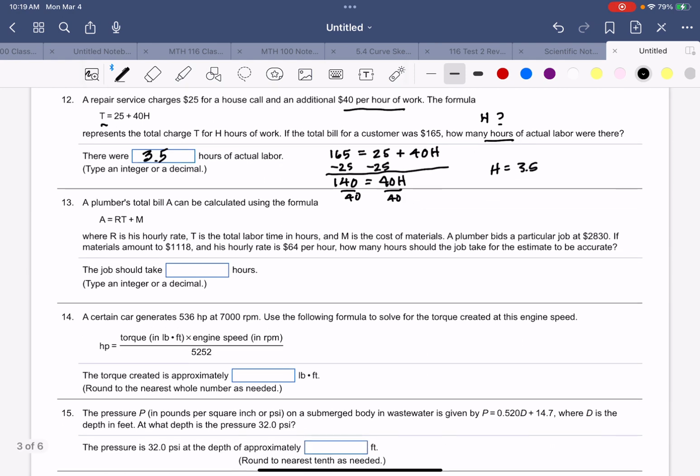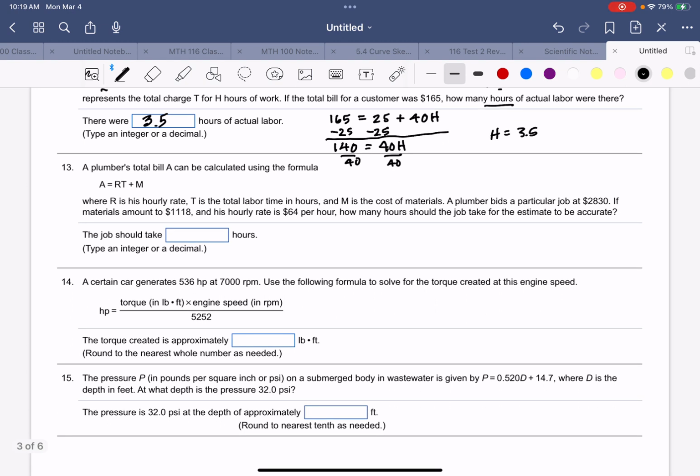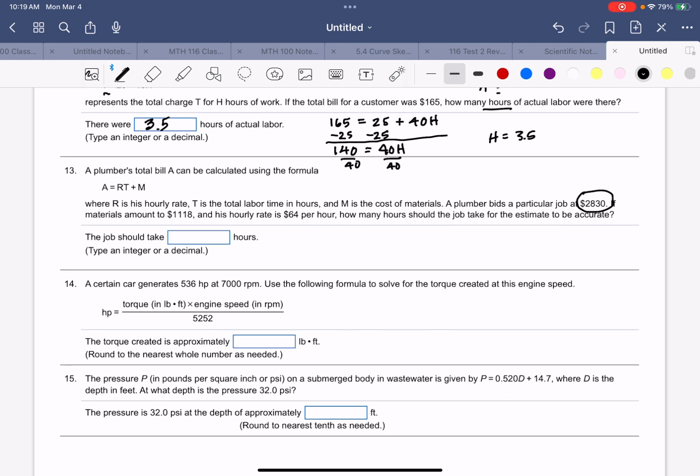Example 13. A plumber's total bill can be calculated using the formula A equals RT plus M. R is his hourly rate, T is the total time in hours, and M is the cost of the materials. A plumber bids an amount for the bill of $728.30. And materials are $111.18.